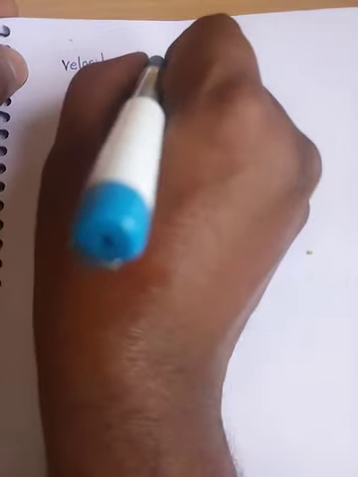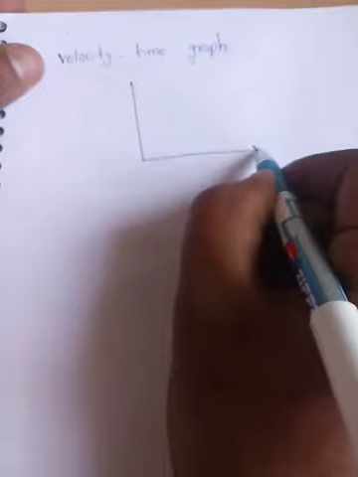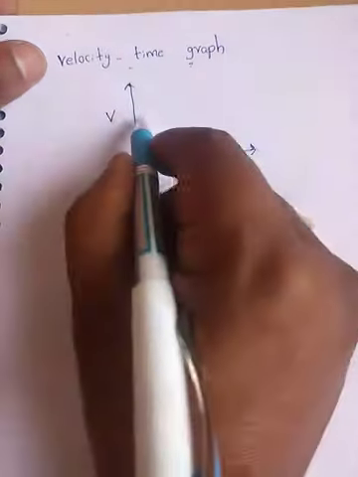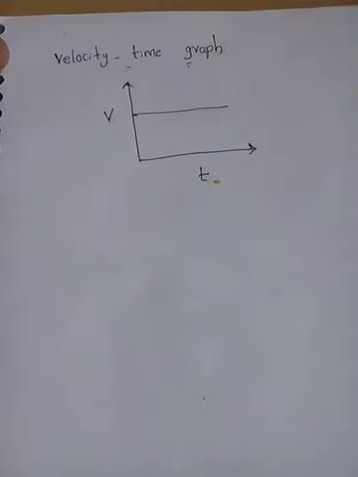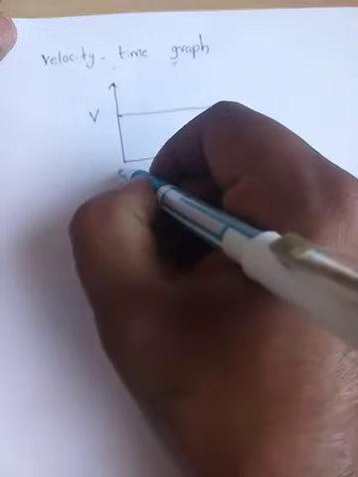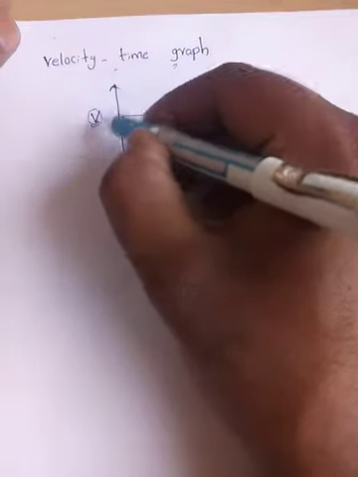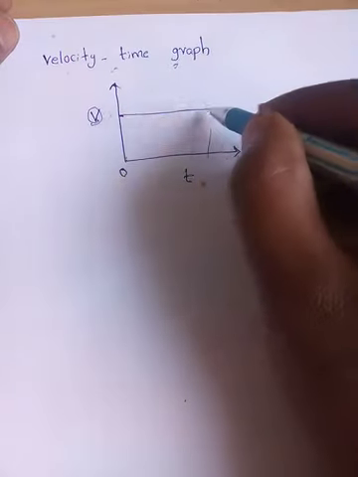Let us take some examples of VT graphs. As we previously discussed position time graphs, here we are discussing velocity time graphs in the same way. As usual, we should consider time along the x axis and velocity along the y axis. The first graph represents that at time 0 its velocity is v, and after time t seconds also its velocity remains v.